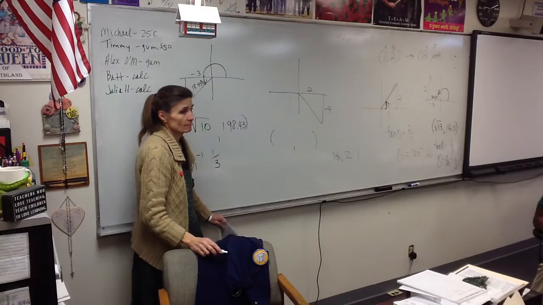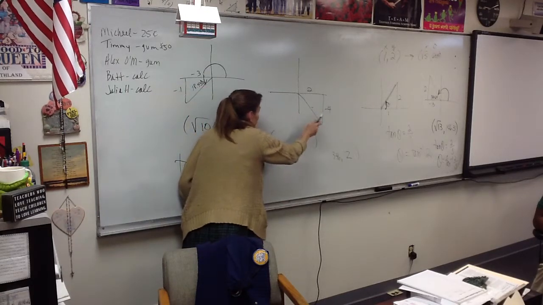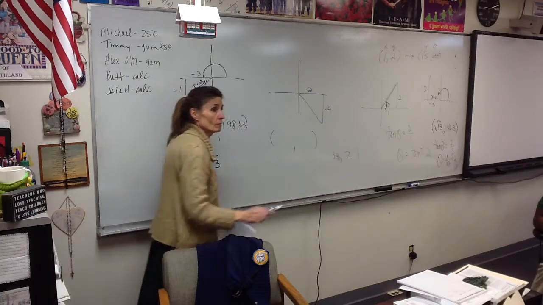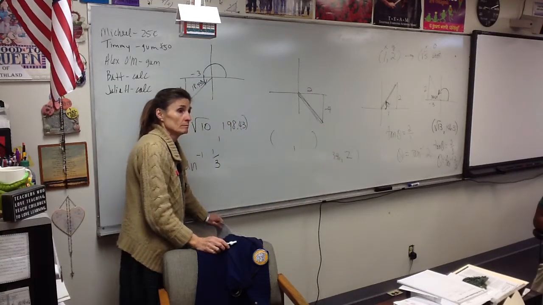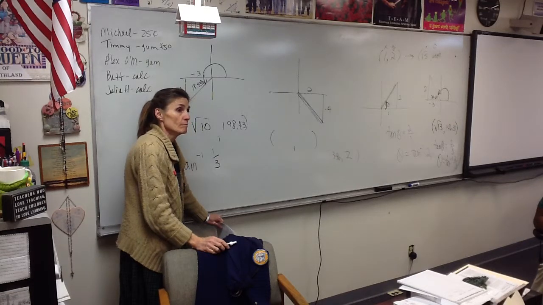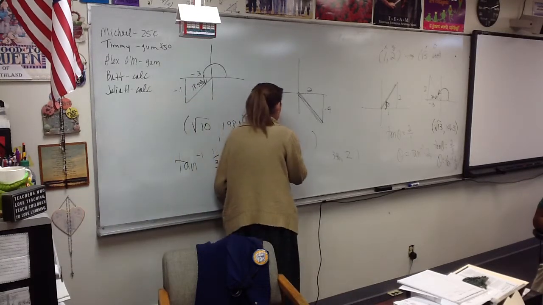Veronica, what's my radius? This right here, what would that be? How do we find that? Yeah, it'd be the square root of 20 or 2 root 5. Very good.